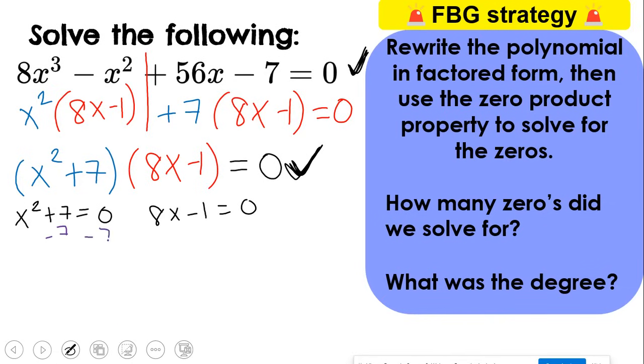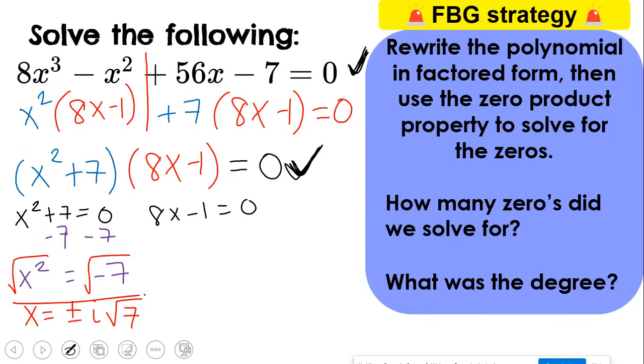Sometimes we have a little bit of unlucky situations where we end up with an imaginary solution. I know I will end up with an imaginary solution whenever I have something to the second power equal to a negative. Remember that the negative can just be brought out as i, and if your value cannot be broken down anymore inside the radical, like 7, you'll just leave it inside the radical.